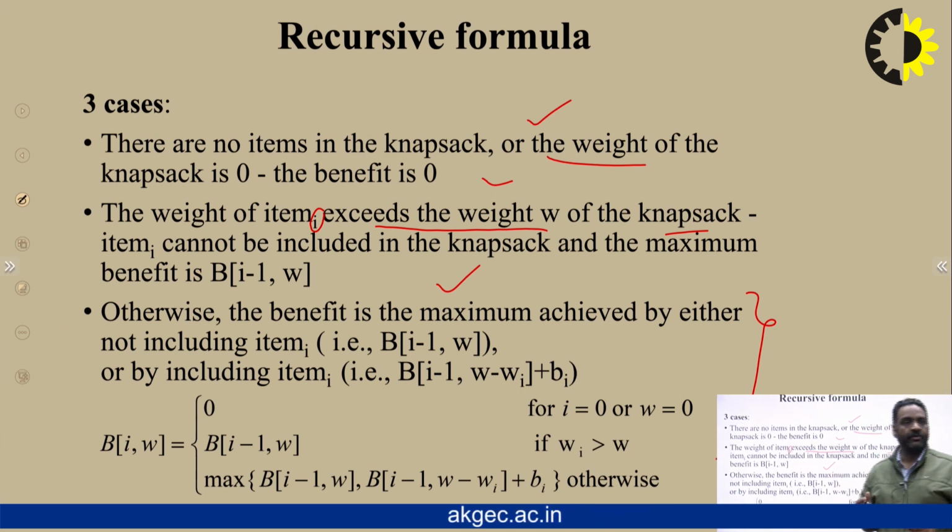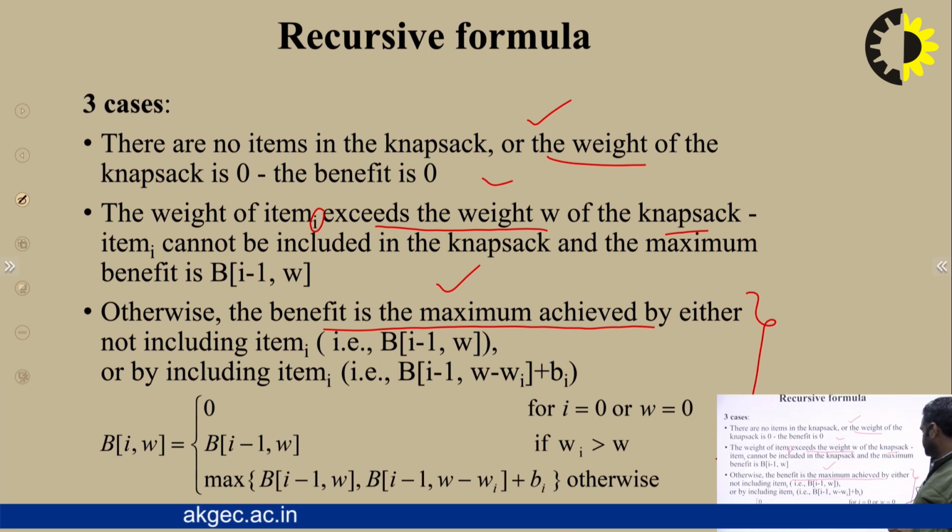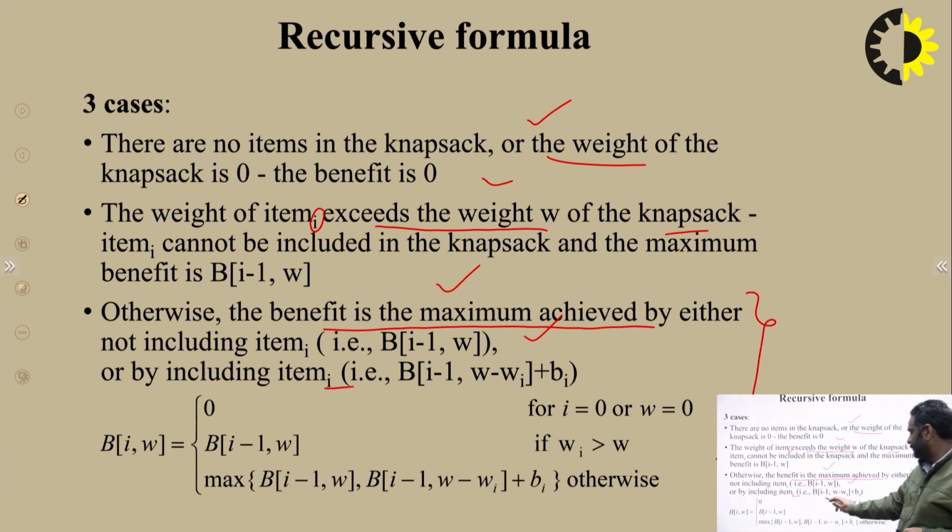And this is the final possibility through which we include items into our knapsack. The benefit is the maximum achieved either by not including the item, that is B[i-1, w], or by including the item, that is B[i-1, w-wi] plus bi. So for the first case, not including any item, the profit remains 0.